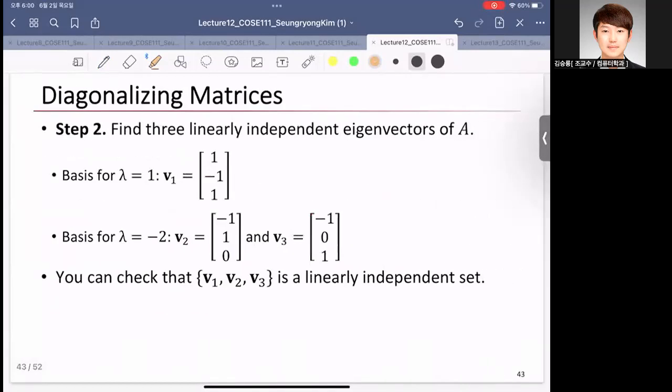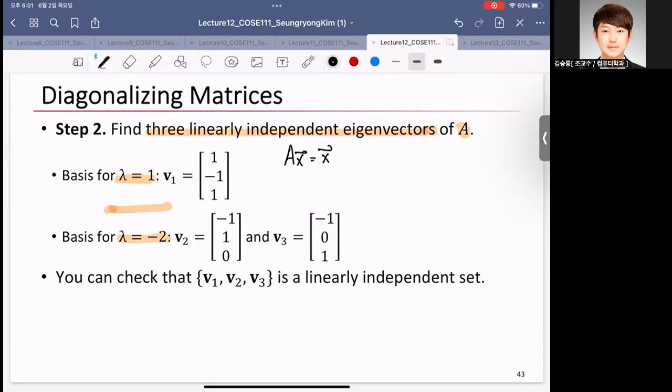Then in step 2, let's find 3 linearly independent eigenvectors of matrix A. So first of all, we already know lambda is equal to 1 and lambda is equal to negative 2. Then first of all, let's consider lambda equal to 1. Then how to find the corresponding eigenvectors? Because lambda is equal to 1, Ax is equal to 1 times x.